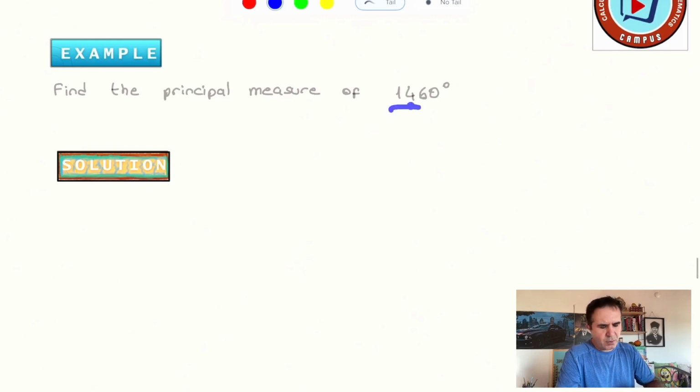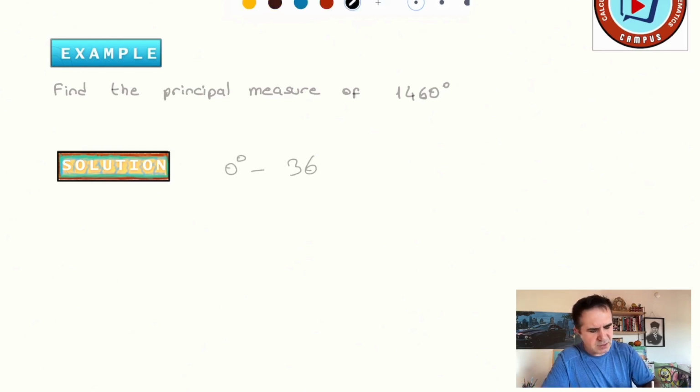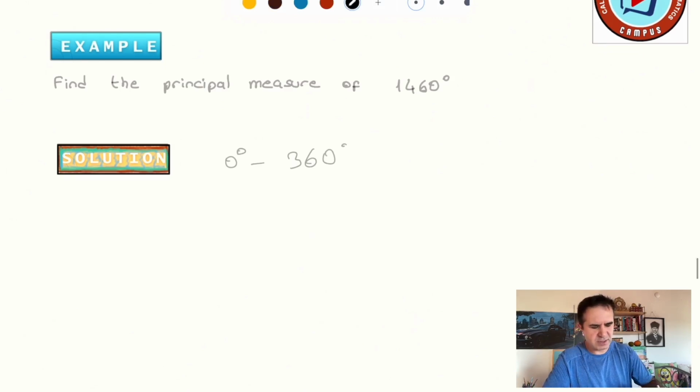Here, 1460 degrees is greater than 360 degrees, so we subtract 360 degrees repeatedly until we get an angle between 0 degrees and 360 degrees.